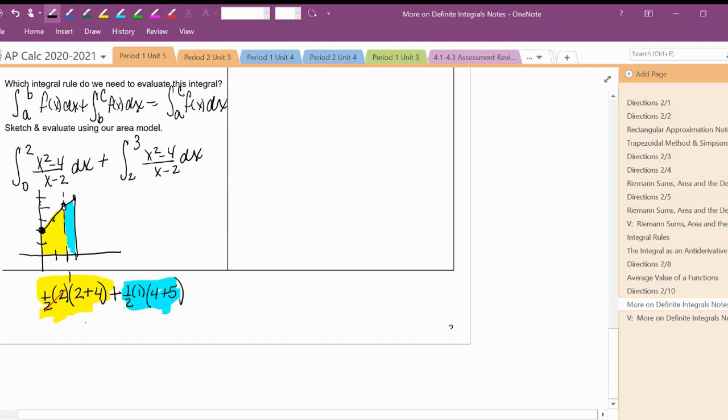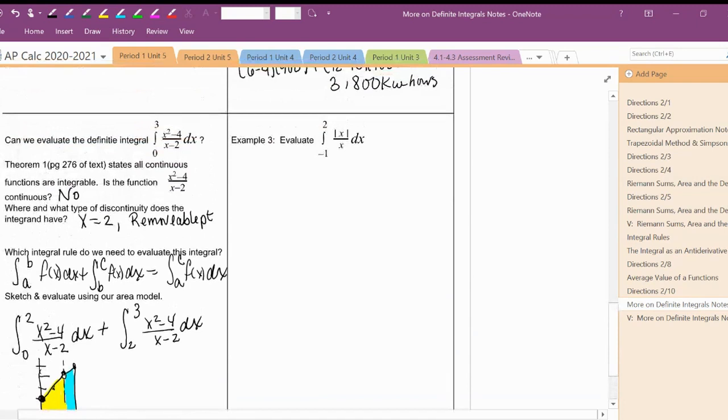So this would be 6 plus 9 halves, or 10 and a half. So the integral from 0 to 3 does have the value of 10 and a half.